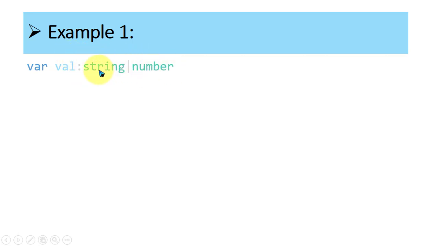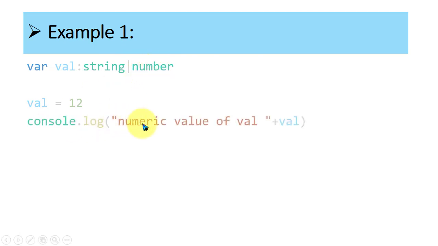Now look here. After that I initialize it with 12 as a number. Can I store a number into val? Yes, because here I assigned number as a data type. Now I print the numeric value of val, so whatever value is stored, it will print.